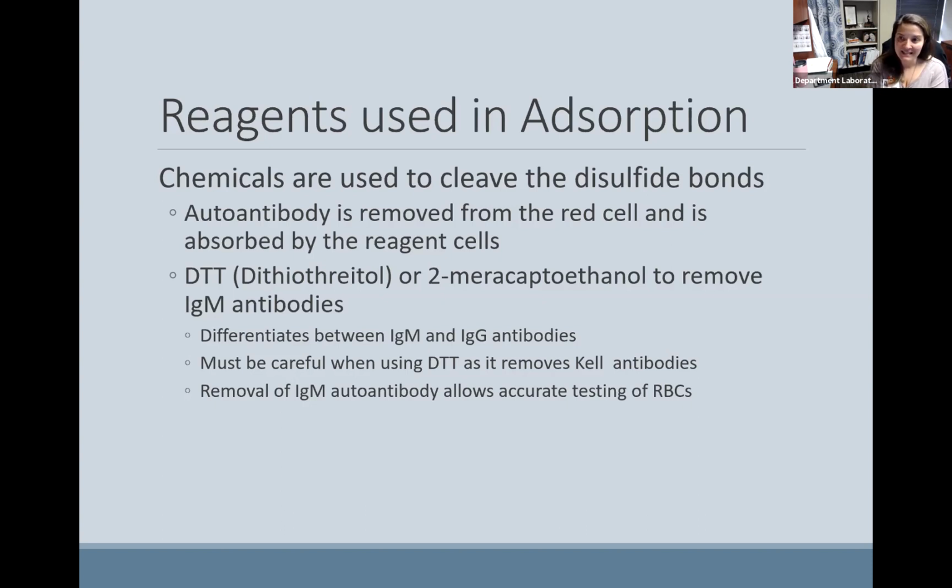So then any existing autoantibody in the plasma is now absorbed out of the plasma and onto the red cells. Okay, so then you're left with autoantibody-free plasma, which you can then use to identify any underlying antibodies. But remember, DTT removes the KAL antigen sites from the cells as well. So if that patient does have an underlying KAL antibody after this treatment, we will not be able to identify that. And sometimes DTT can also be used for the removal of IgM antibodies as well.